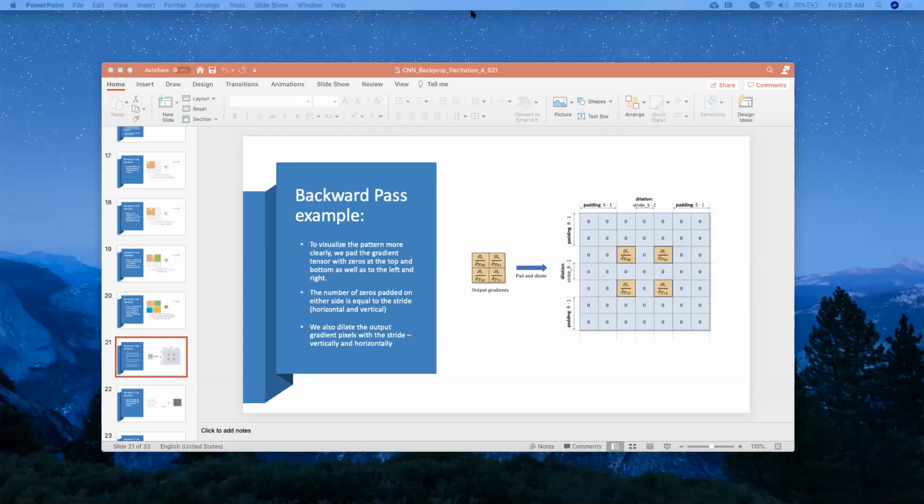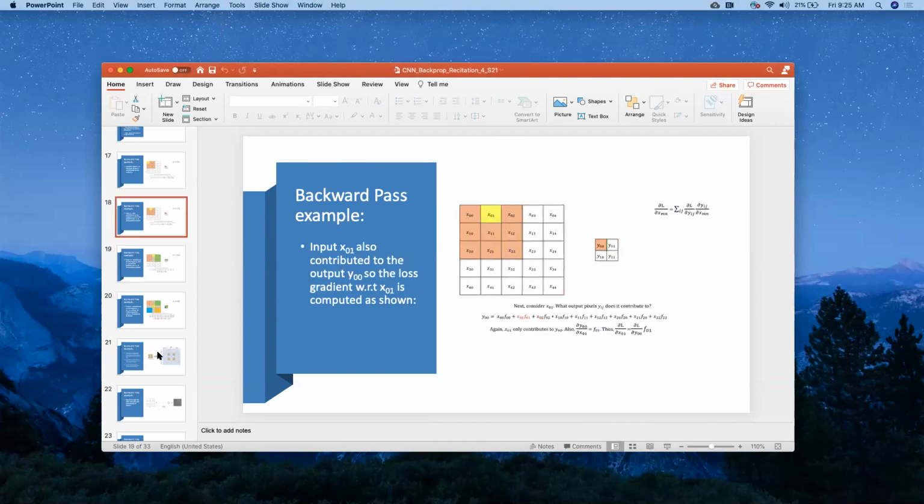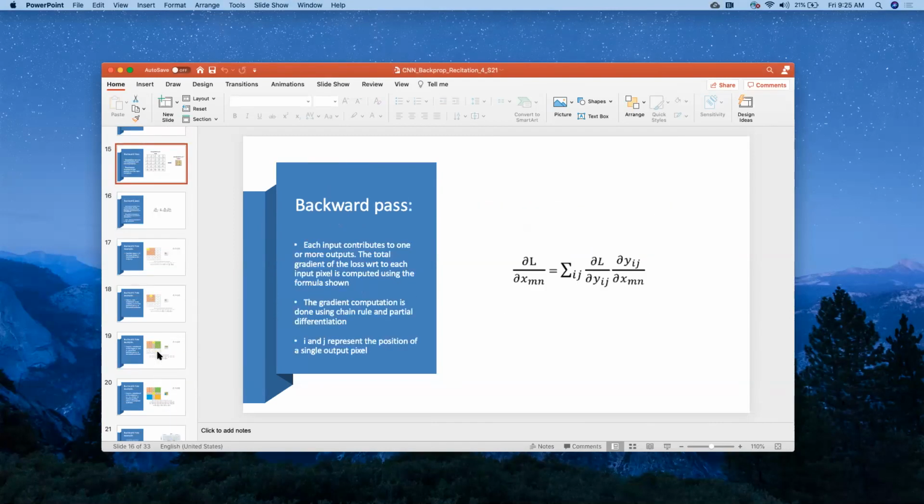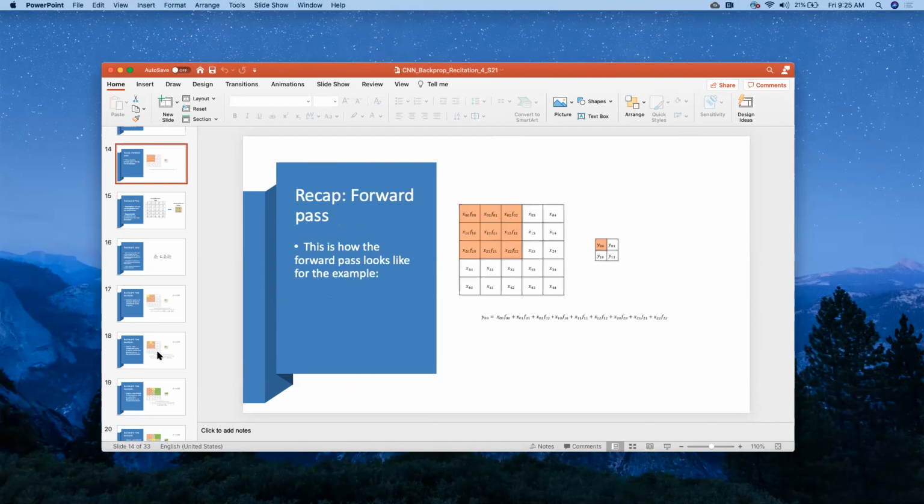Actually, one more question regarding the upsample size. I didn't quite get how we got the number 4 using the formula a few slides ago. Number 4. Okay. Can you stop me where you're stuck? That's the upsample formula, right?